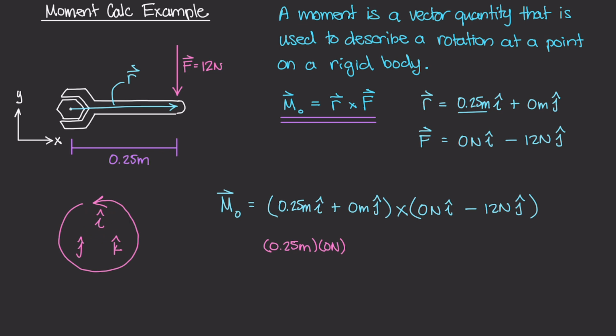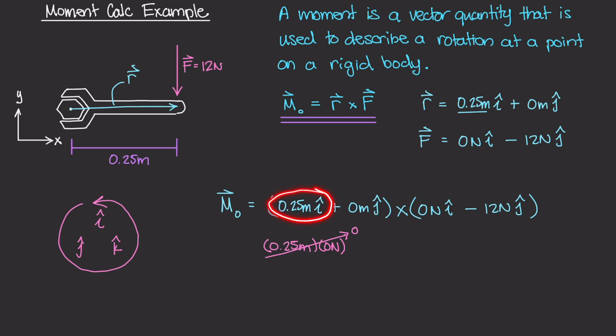That's because anytime you take the cross product of two unit vectors that are the exact same, so i cross i, or j cross j, or k cross k, the value is going to be 0. So this entire term just turns out to be 0.